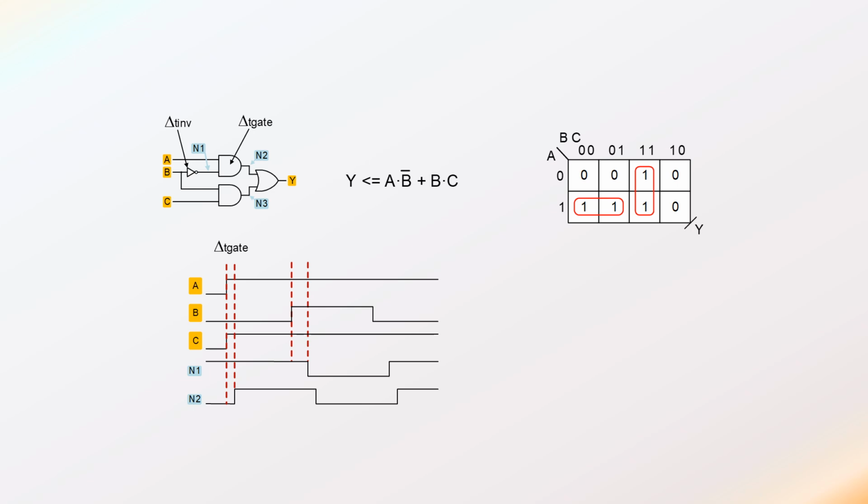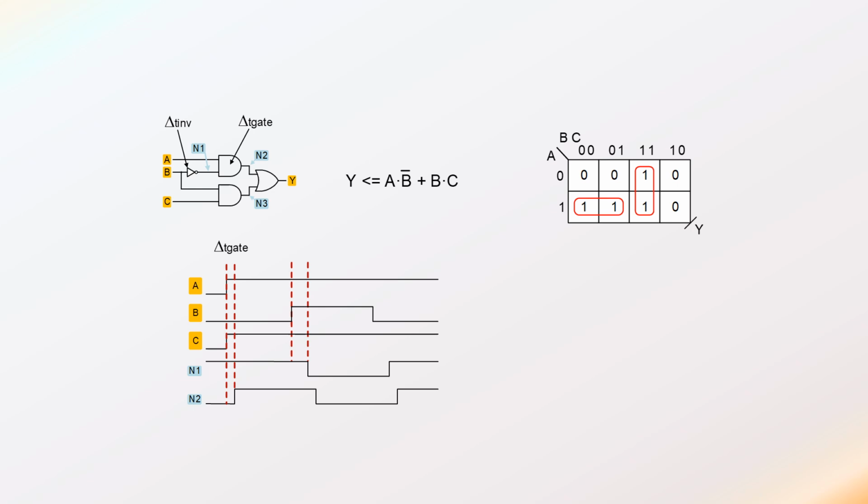So now I've added node 2. Well, node 1, first of all, was just the output of the inverter. So node 1 is just the inverse of B, but now each transition on the output of the inverter on node 1 is only happening after time delta T inverter. So I'm showing that delay time through the inverter.